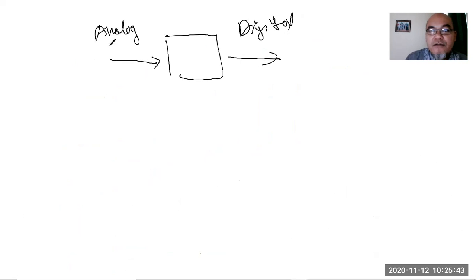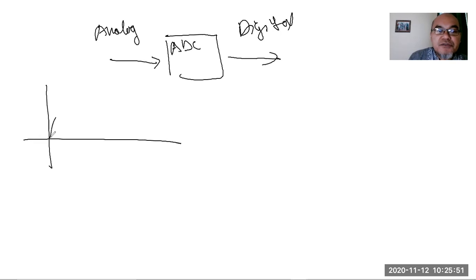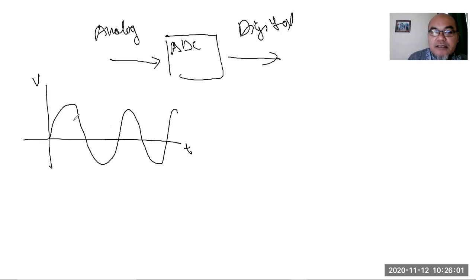From analog to digital, we need an ADC. An analog signal is continuous, for example like this, continuous in both time as well as value. In time it is not disrupted, and in value it also continues from zero to, for example, a maximum of ten volts.